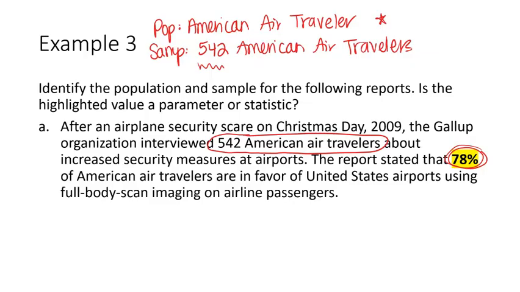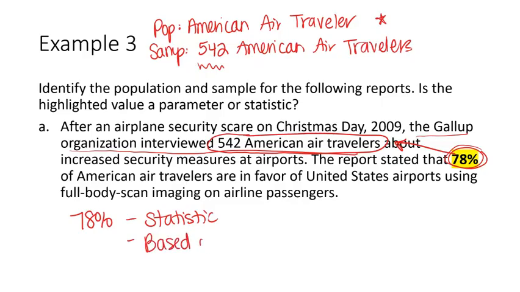If you said it was based on the sample, you're right. We know that because they specifically tell us that the Gallup organization interviewed that sample of travelers. So the 78% is what we would call a statistic, because it's based on the sample that the Gallup group spoke with.